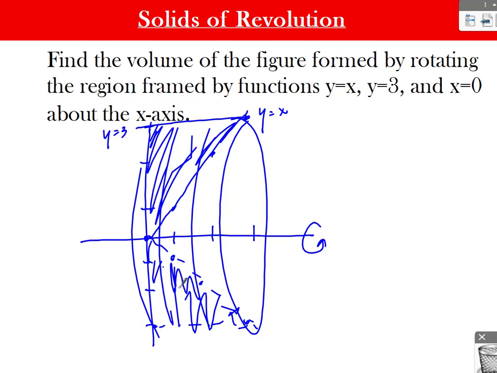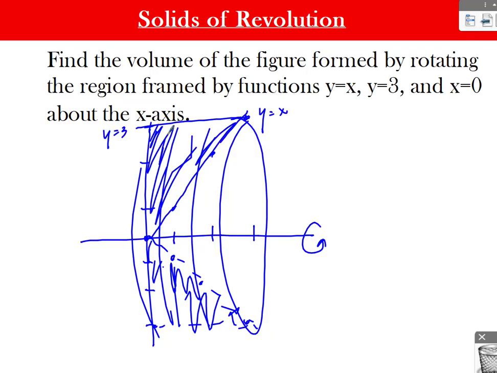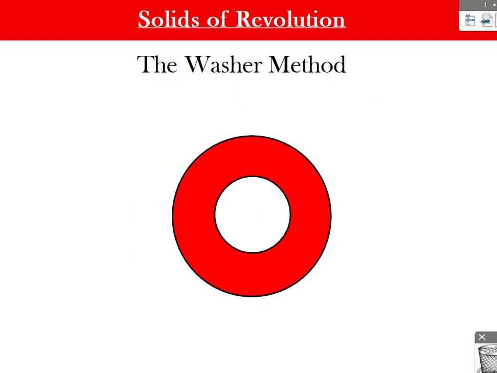Thus, this is called the washer method. Anytime the region that's being revolved about an axis doesn't completely touch the axis it's revolving about, there's going to end up being a hole in the middle, and we're going to use the washer method.